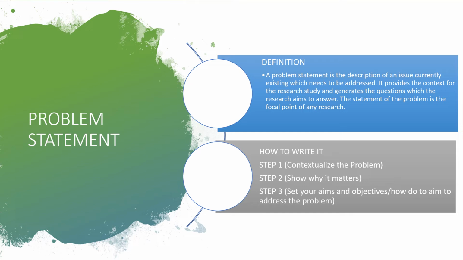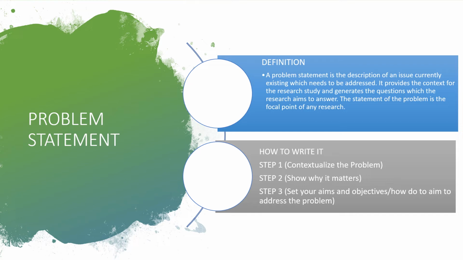The statement of the problem is the focal point of any research. Whenever you are researching a particular topic, your research is actually centered around a particular problem that you aim to address. There are three basic steps to writing a problem statement.